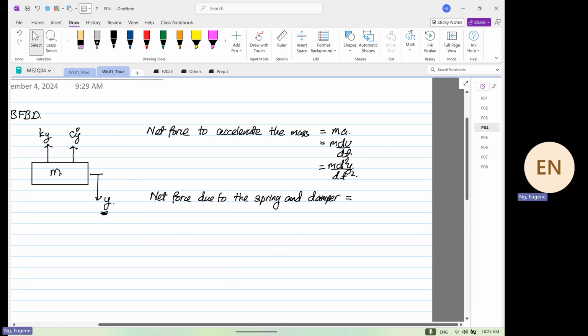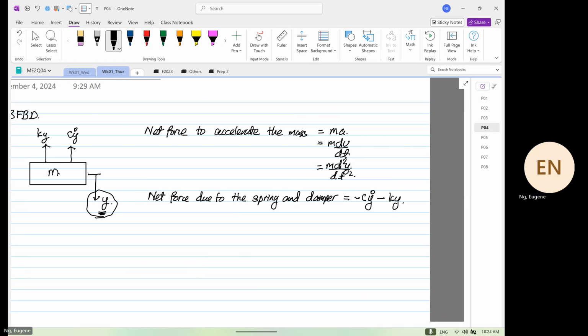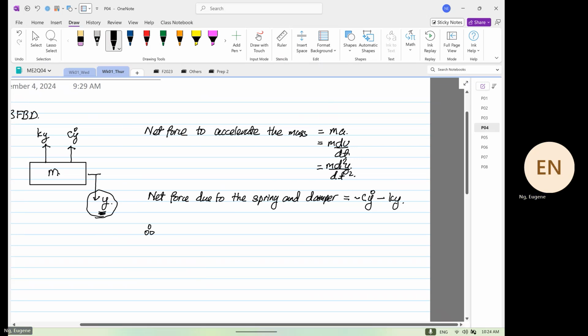This is equal to minus c y dot minus k y. Why is it minus? Because if you look at this, y positive is coming down. Anything that's coming down is positive. Anything that's going up is negative. Therefore, m d squared y over dt squared is equal to minus c dy by dt minus k y.